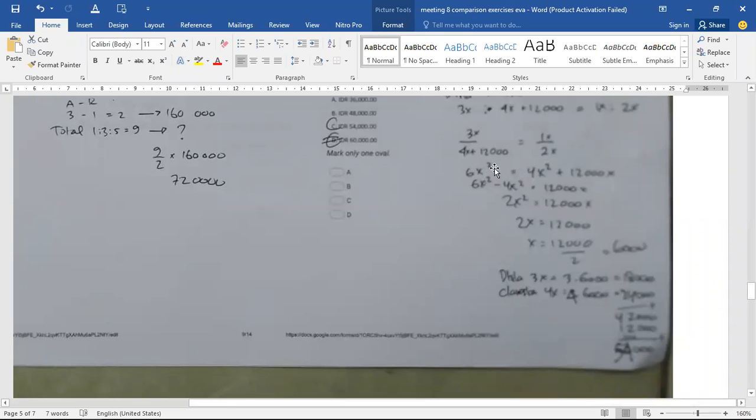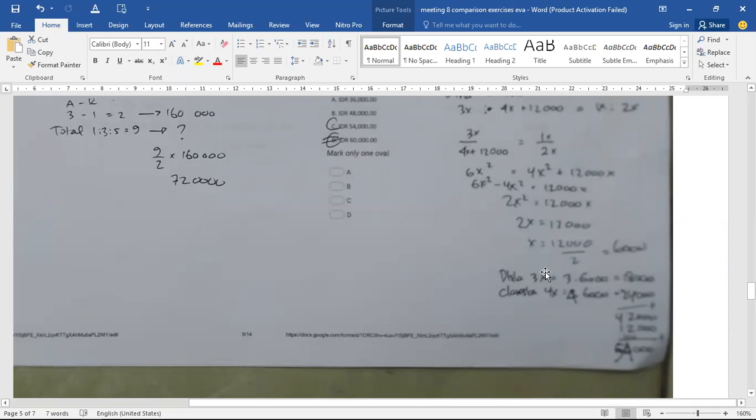So we have 6x and 4x. We can put it together here. So 6x minus 4x equal to 12,000. We can simplify it, so 2x equal to 12,000. So x is 12,000 per 2, or 6,000.